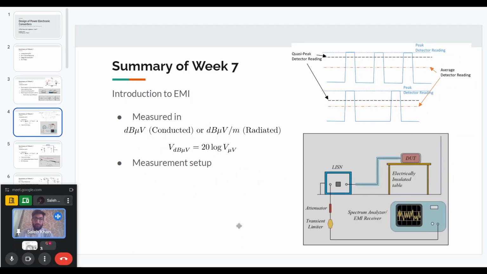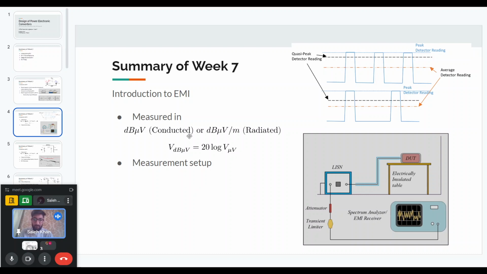So EMI is usually measured in decibels. Depending on which quantity we are measuring, it can be decibels of voltage or current or power. Mostly it is done for voltages, and even for voltages it is done in microvolts, because the actual conducted EMI voltage is very small.